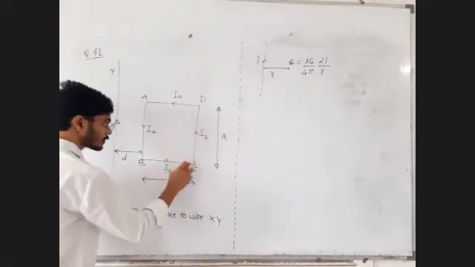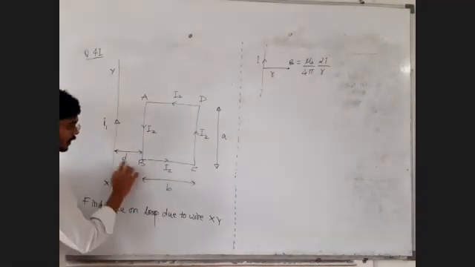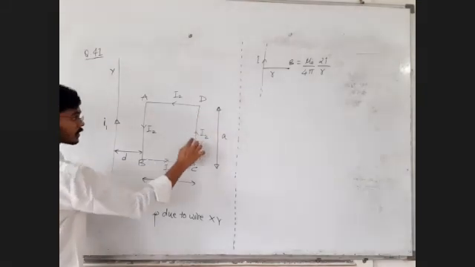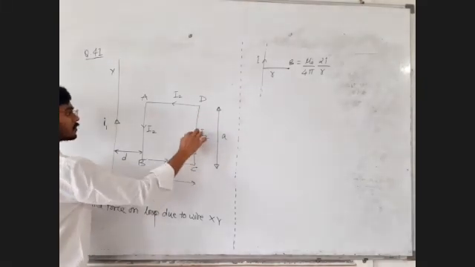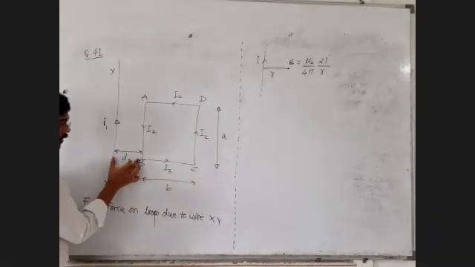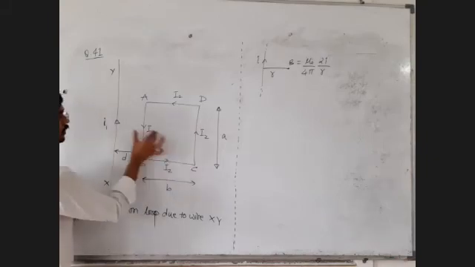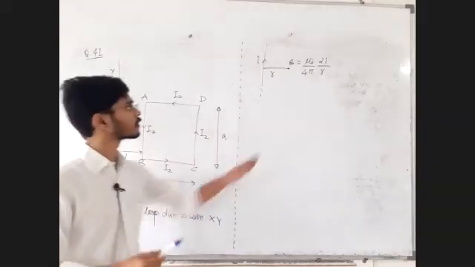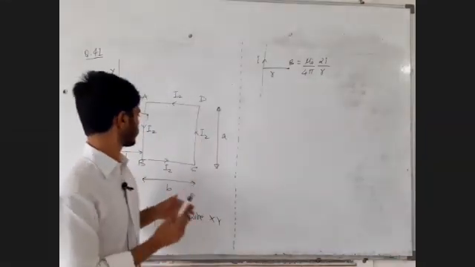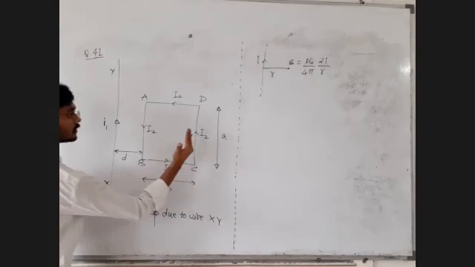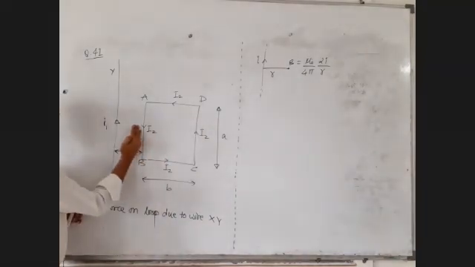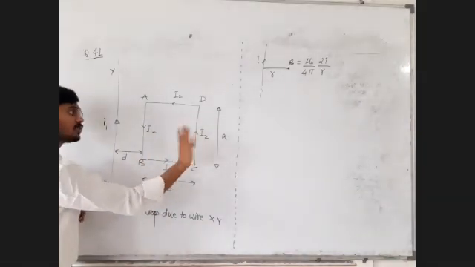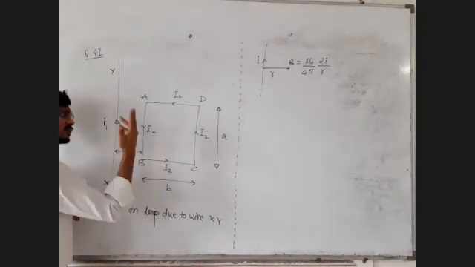For the opposite conductor, for all its points, the distance is d plus b, so you get the same field there. But this field and that field are different, since the field at this distance will be different from the field at that distance.